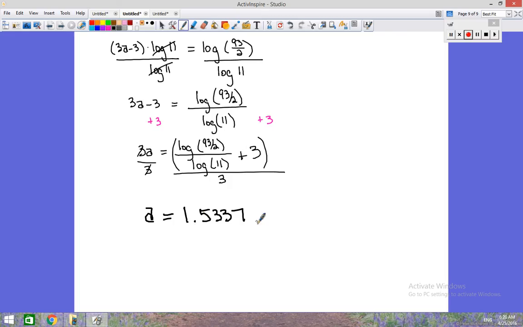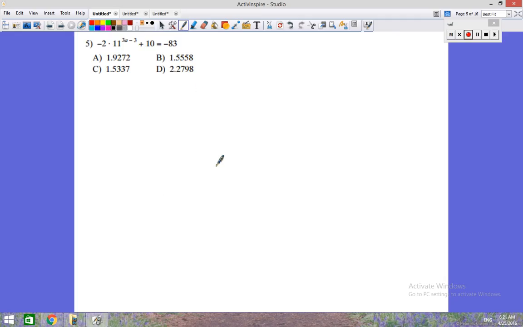Now, I've been checking my answers by looking to see if it's among our choices. If it weren't multiple choice, I could take this expression, the 1.5337, and plug it into the original equation to see if the left-hand side does equal the right-hand side. Alright, so this time I must have keyed things incorrectly, and I'm getting C as a choice here.